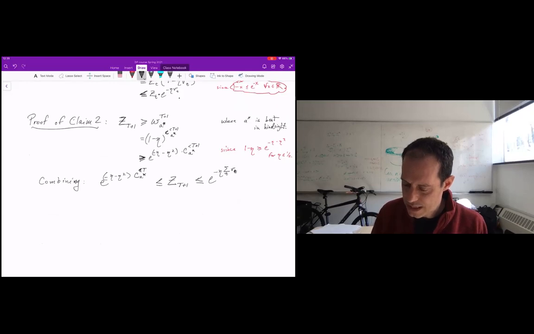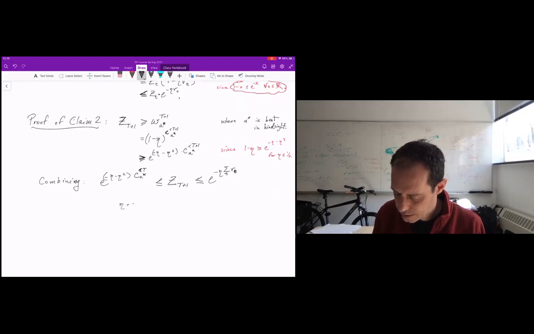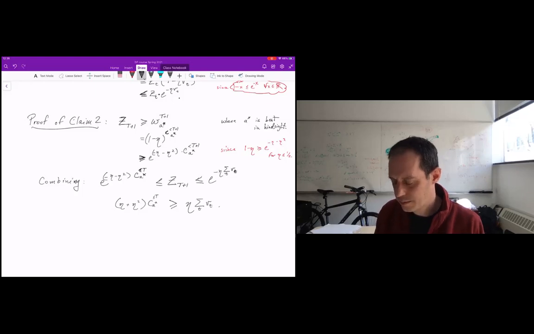And so, taking logs and adding a minus sign to get things positive, we get that eta squared times the cost of the best action in hindsight is at least eta times the sum of the expected costs experienced by the learner.